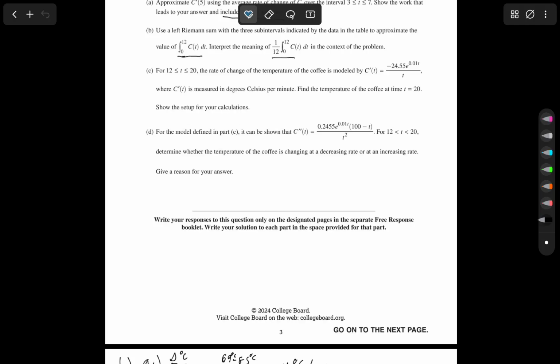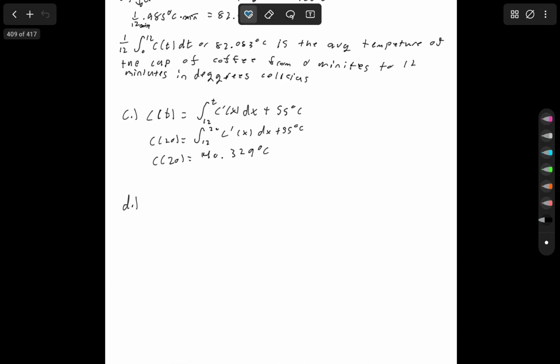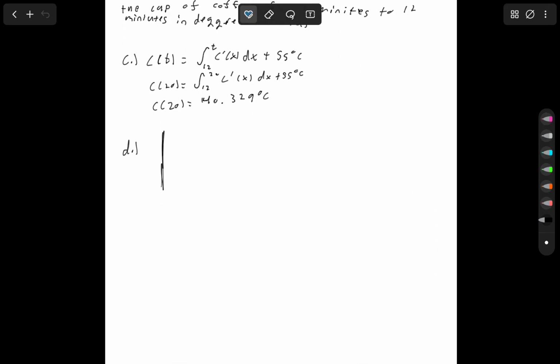Then you go over to graph and set your calculator's window to be 12 to 20. So you'll set x min to be 12 and the max to be 20. Now you hit graph, and what you'll see is a graph that looks something like this for that interval.